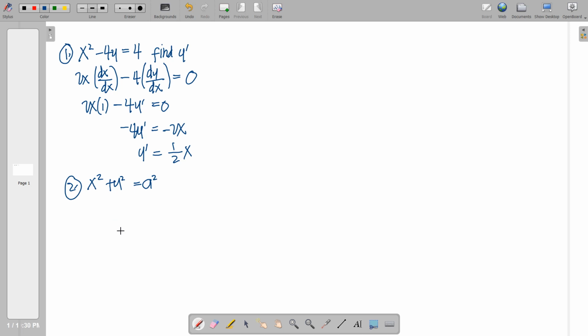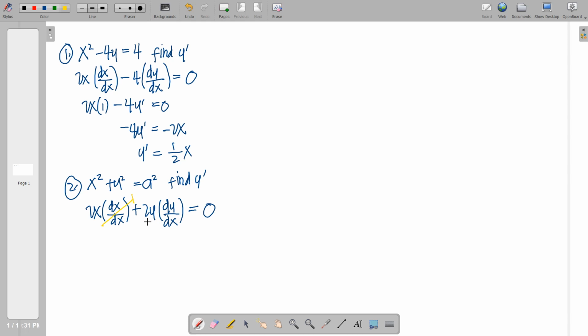Say we have another example, number 2. We have x squared plus y squared is equal to a squared. Again, we bear in mind that our independent variable here is x. So we're going to find y prime. The first term would be the differential of x squared, 2x dx over dx, plus 2y times dy over dx, and then the constant a squared is equal to 0.